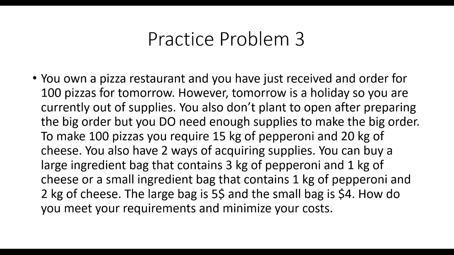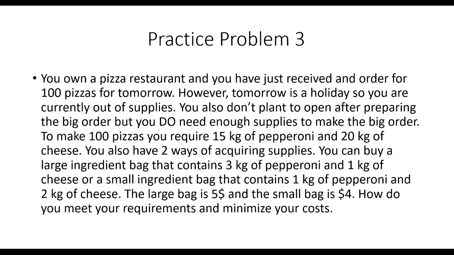You can see all of this critical information in the last sentence. The large bag is $5 and the small bag is $4. How do you meet your requirements and minimize your costs? Now we have to look at our constraints. The first one, about halfway through the paragraph: to make 100 pizzas, you require 15 kilograms of pepperoni and 20 kilograms of cheese.